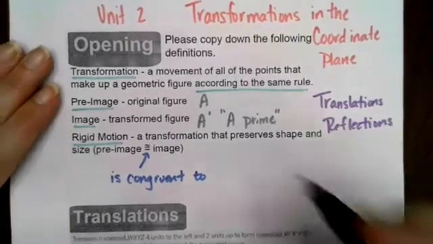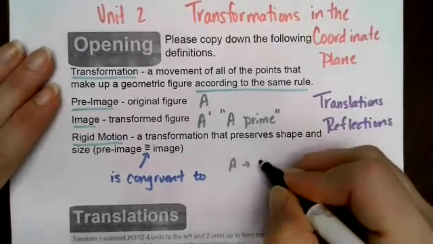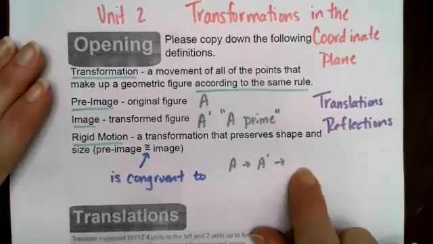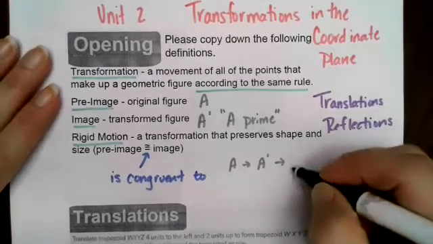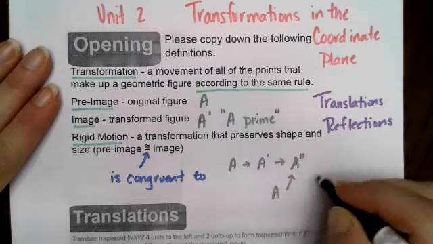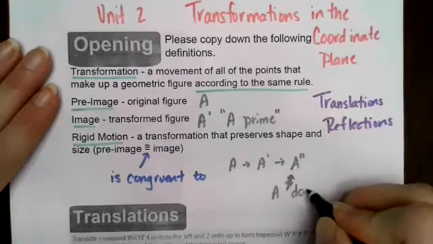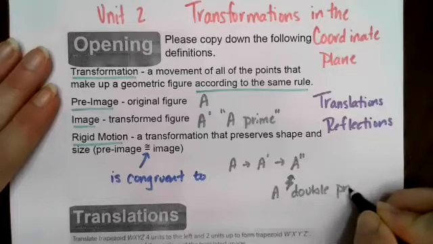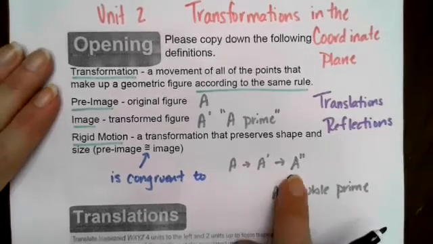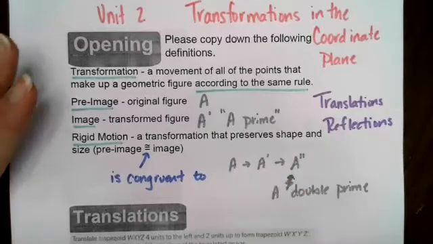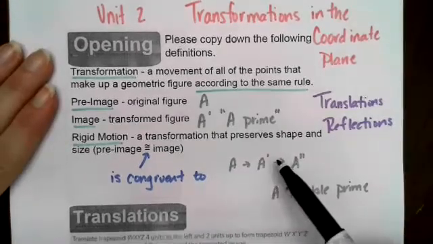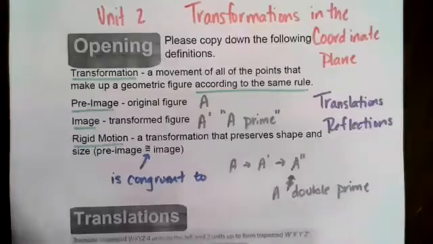Now, if I take a pre-image and transform it to A prime, and then take A prime and do another transformation, so later on we'll be doing multiples, then I will call that A with 2 apostrophes, A double prime. It just shows that I started with some point A. We don't want to rename it because then we'll end up with a lot of letters and I won't know which one goes with which one. So same letter, I just add a prime every time I transform it.